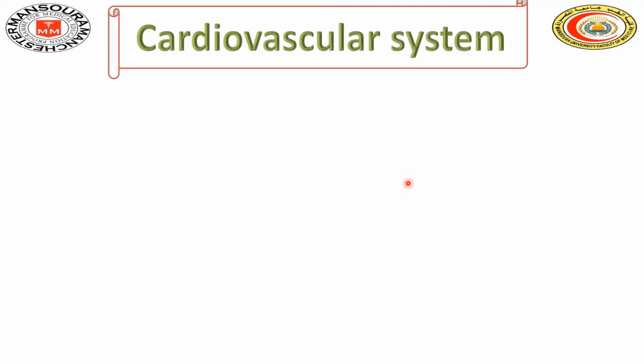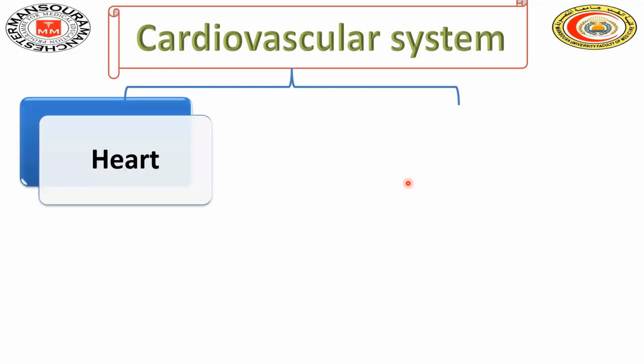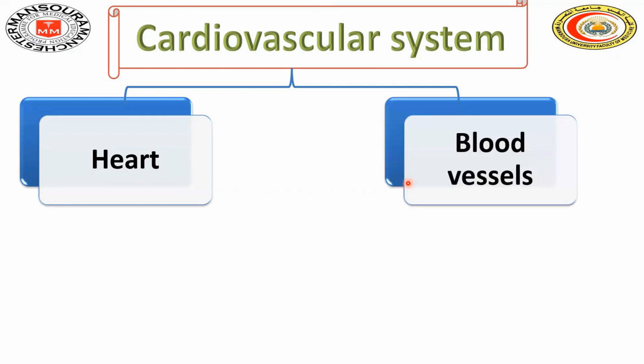Let's start by mentioning the components of the cardiovascular system. So here we can divide the cardiovascular system into two main parts: the heart, which is considered the pump of the blood, and the blood vessels, which are the pathways inside which the blood flows.